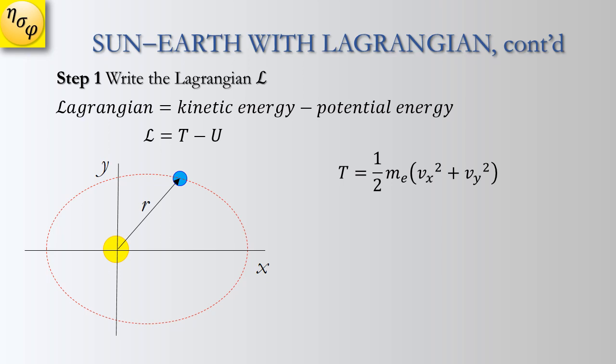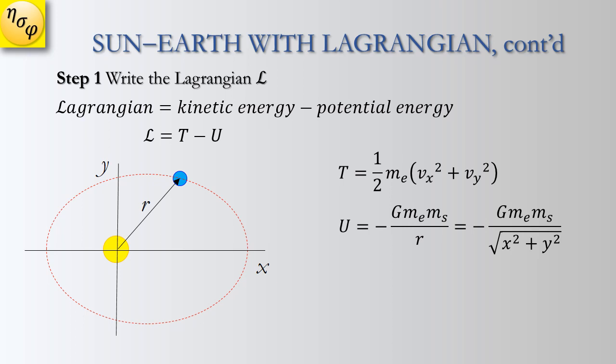T is the kinetic energy, which is half times mass Earth times Vx squared plus Vy squared. Vx is the component of velocity in x direction, and Vy is the y component of velocity.